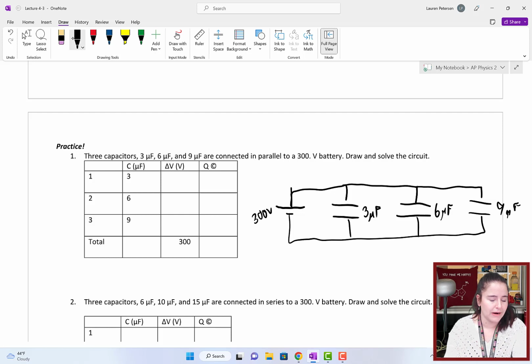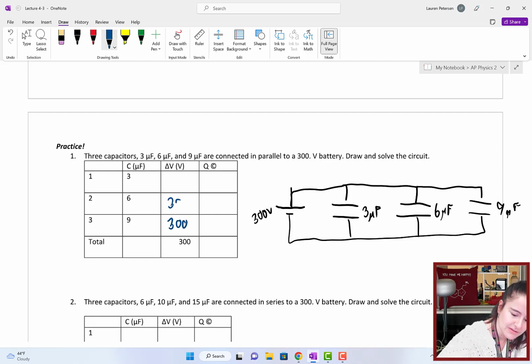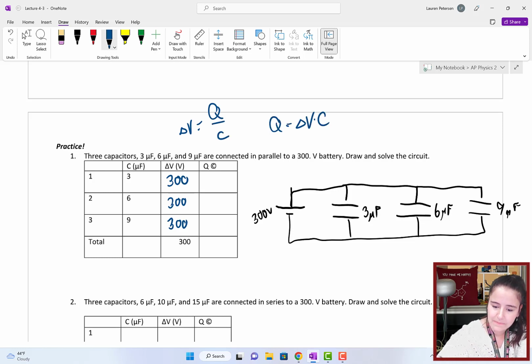So they're in parallel. What's going to be the easiest for us to solve first? We know those voltages. The voltage across each capacitor will be 300 volts. So it is delta V equals Q over C, so Q equals delta V times C. I'm going to put C in units of microfarads to make our math a little bit easier.